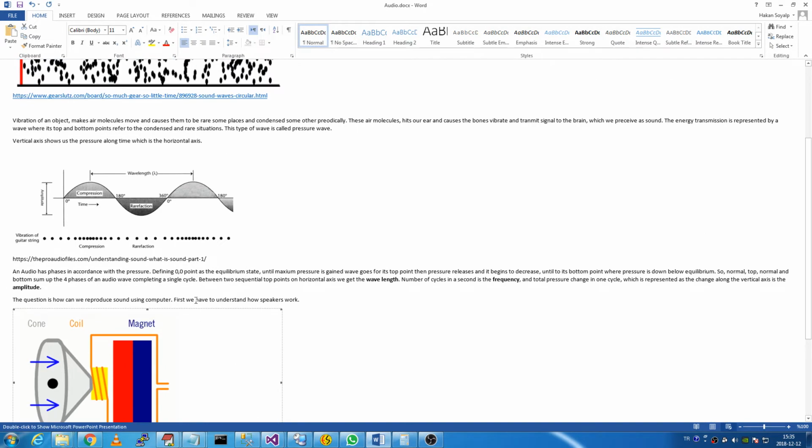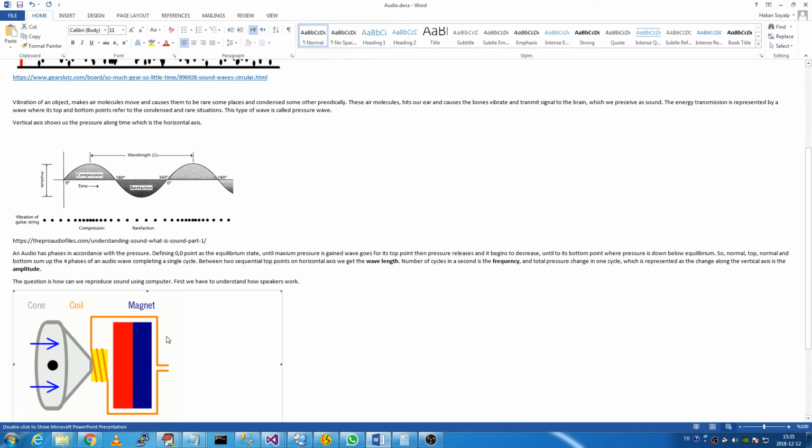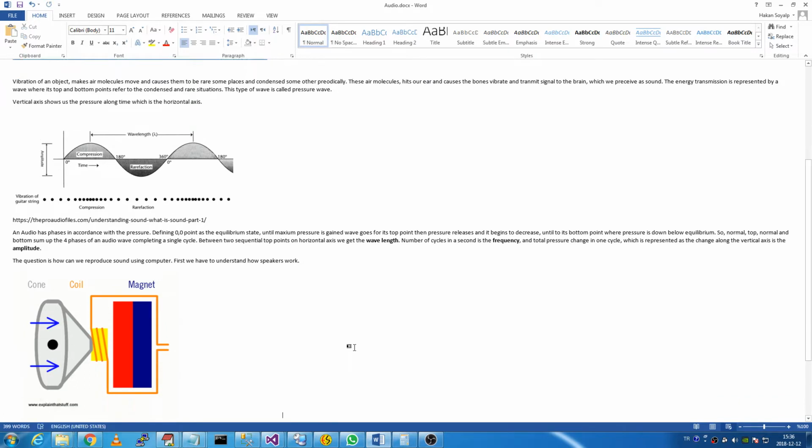So in this way, if we accurately tell our computer how much force to apply and in which direction, it can use electricity here by creating a magnetic field according to the force variable and direction variable, making this permanent magnet move back and forth and causing sound by the speaker.